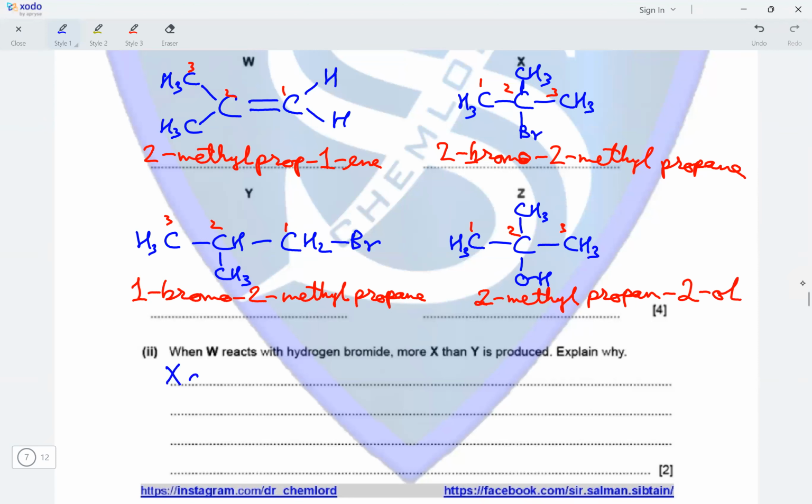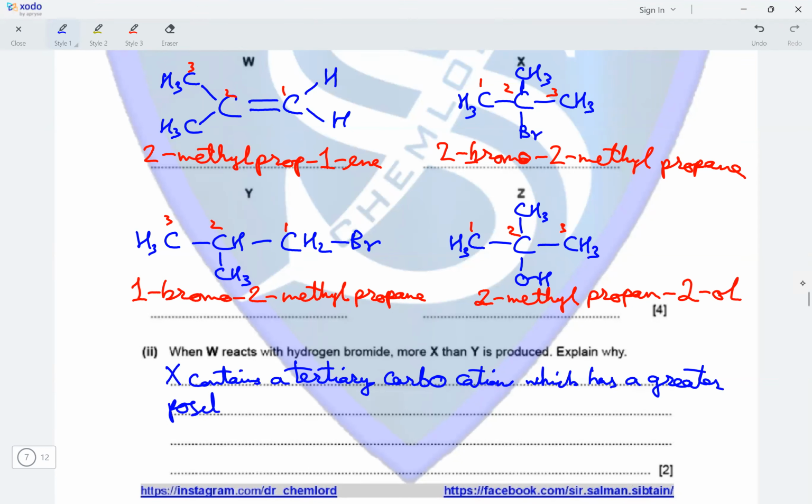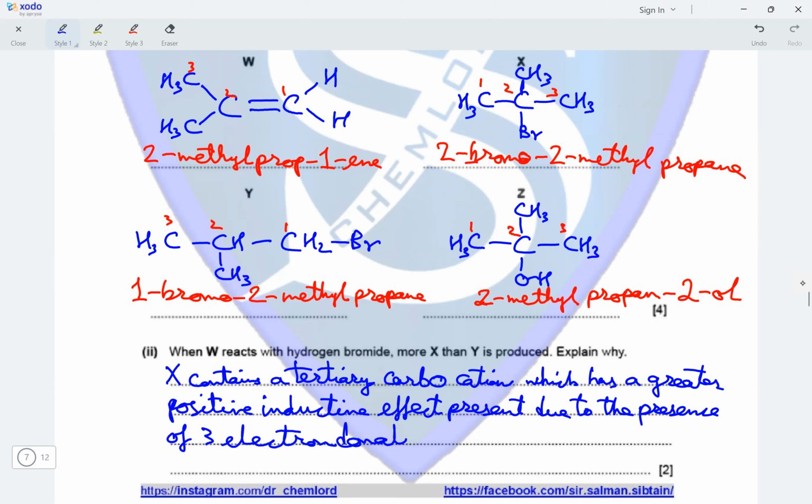So X contains a tertiary carbocation which has a greater positive inductive effect present due to the presence of 3 electron donating R groups.